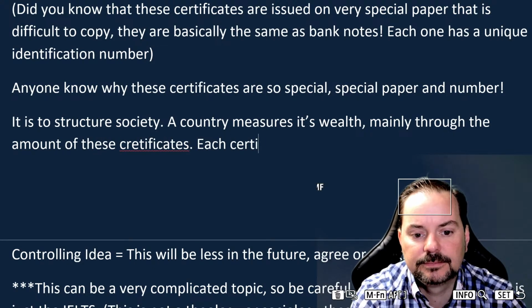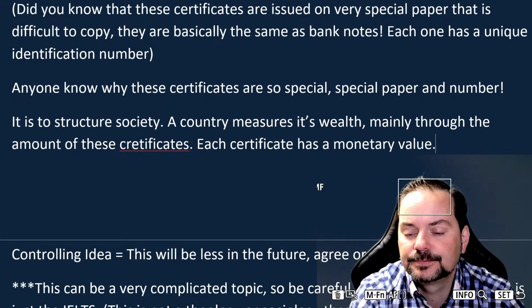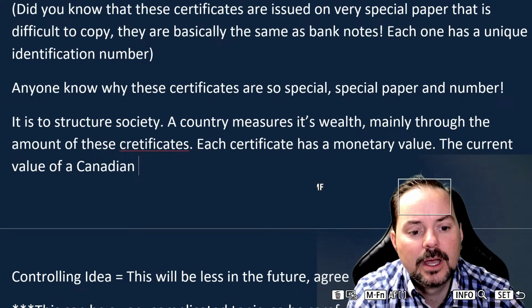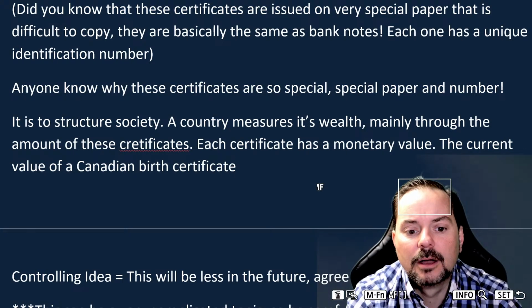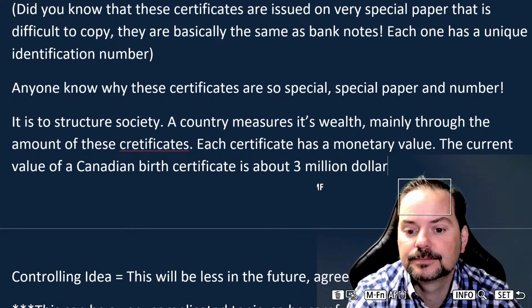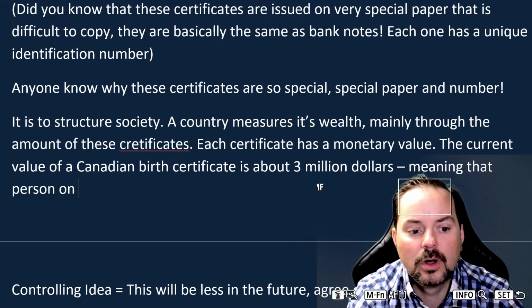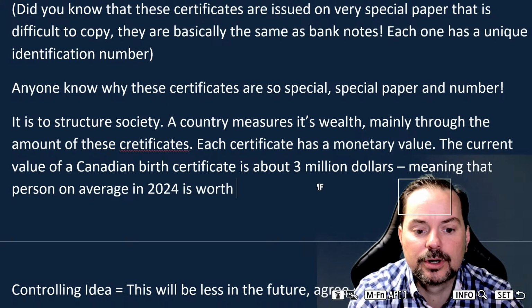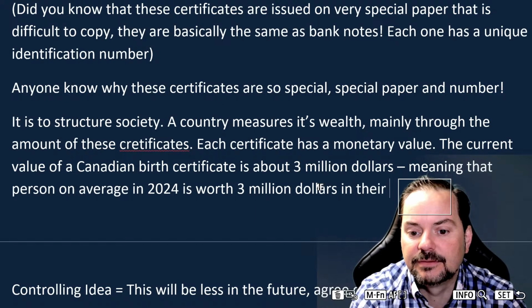Each certificate has a monetary value. The current value of a Canadian birth certificate is about $3 million. Meaning that person, on average, in 2024, is worth $3 million in their lifetime.